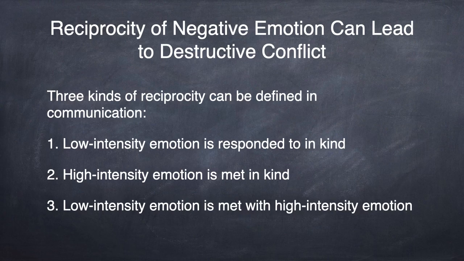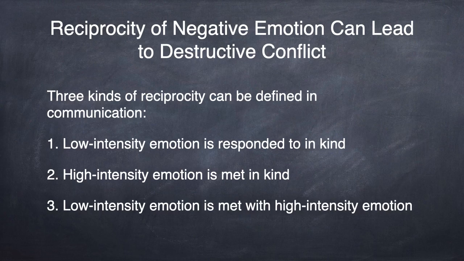If you have a low intensity emotion, it is often responded to in kind. Again, think about your tone of voice, how you present yourself, what you're saying and what you're doing. If you have a high intensity emotion, that too will be met in kind. So if you raise your voice, typically other people raise their voice, and then before you know it, we're yelling and screaming at each other. So we want to remember that high intensity and low intensity emotions are often mirrored.